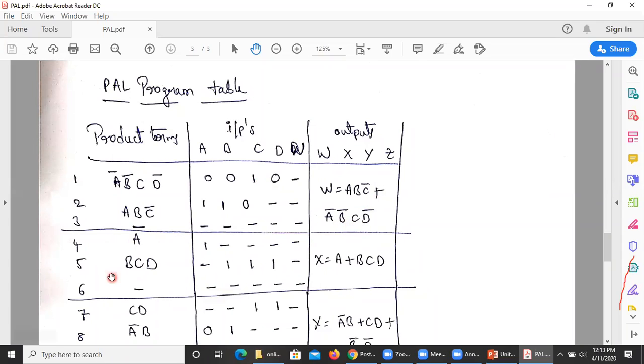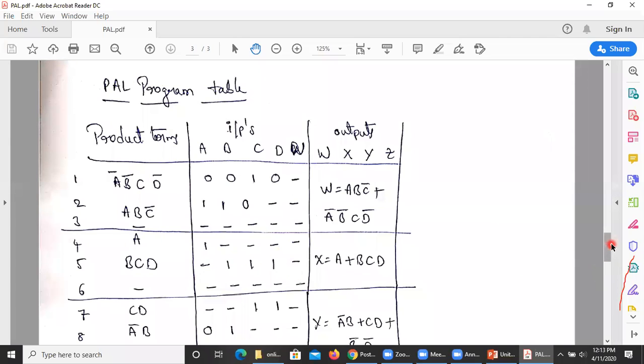In the same way, AND gates 4, 5, 6 are used for X, where X contains A as one product term and BCD as another product term. So A is 1 and the remaining inputs are not there, and B C D are ones and the remaining A and W are not there.